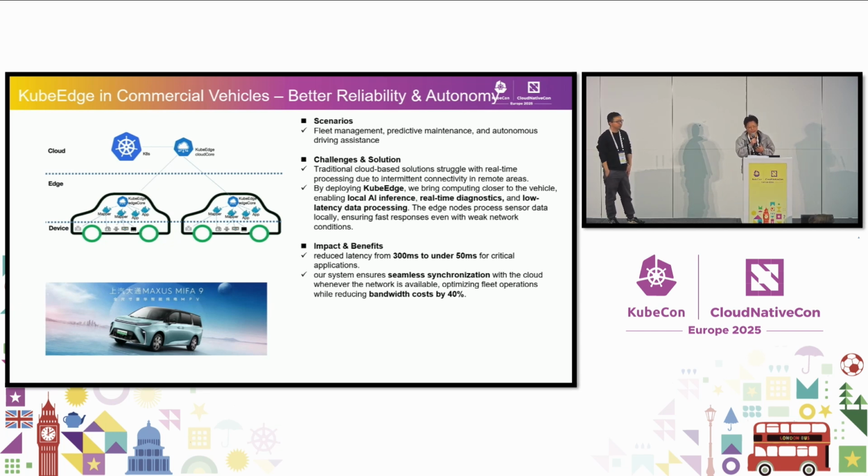So the benefit is that even if there's no cloud access, the vehicles can run the models smoothly, and this can help our customers reduce the maintenance costs and do better fleet management.